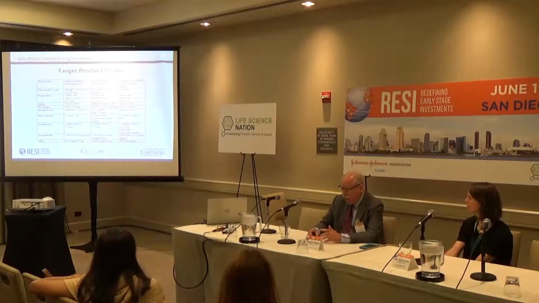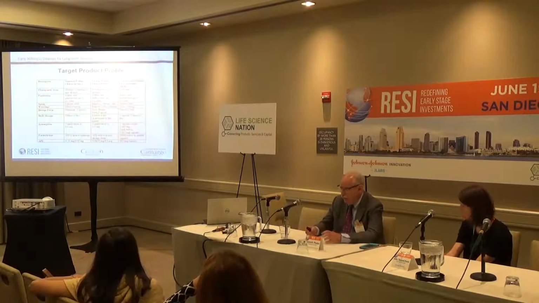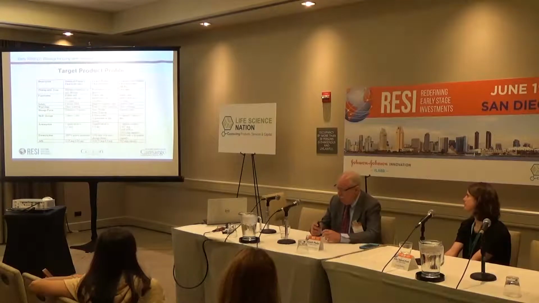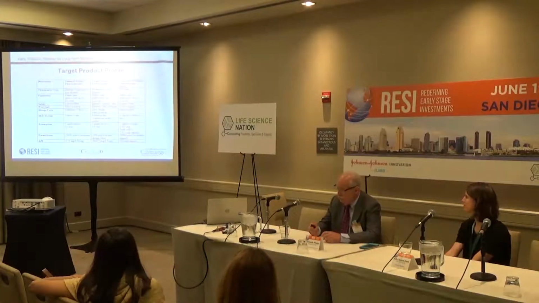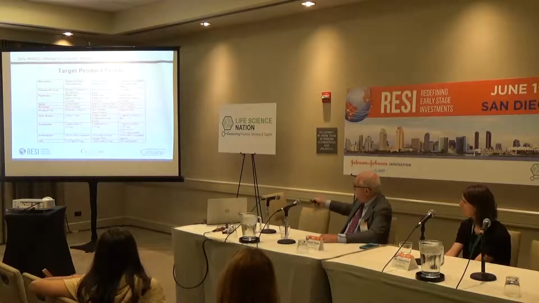Just a couple of other things to shed more light on this. One of the ways in which you gather your thoughts in this area is called the Target Product Profile, or TPP. It's something the FDA expects to see early on. What you read on the left-hand side are some of the product characteristics.